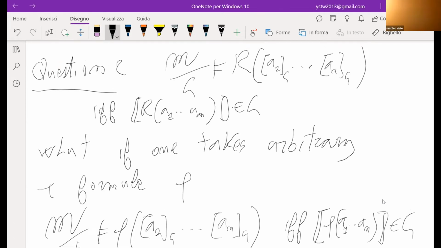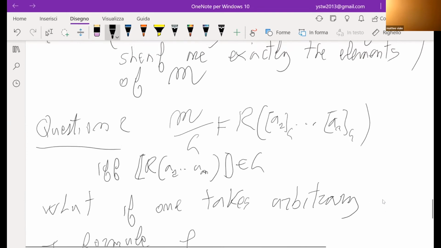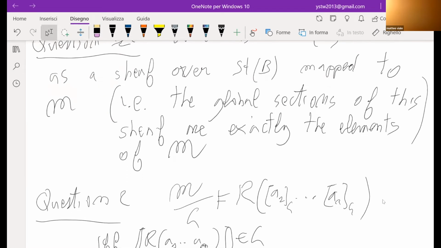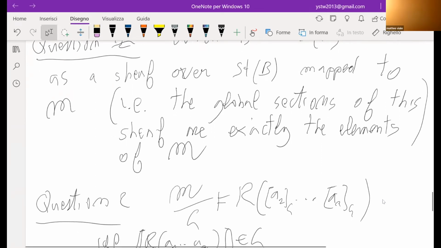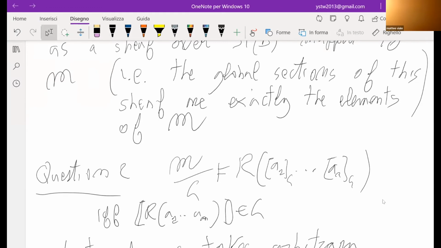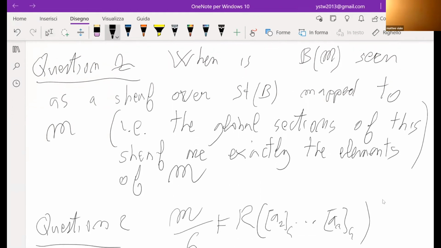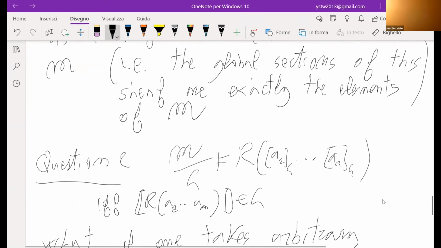And actually, one of the results, which pops up in the literature oftentimes, but in disguised forms, is that, for example, this occurs when M is a sheaf, essentially when B of M corresponds to M. The global sections of B of M are exactly the elements of M. Well, if this is the case, so if we are in the setup where question 1 has a positive answer, then we also have that question 2 has a positive answer.